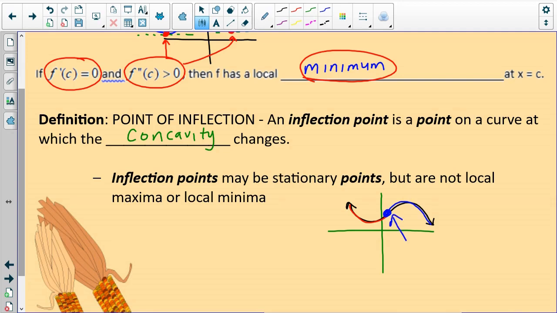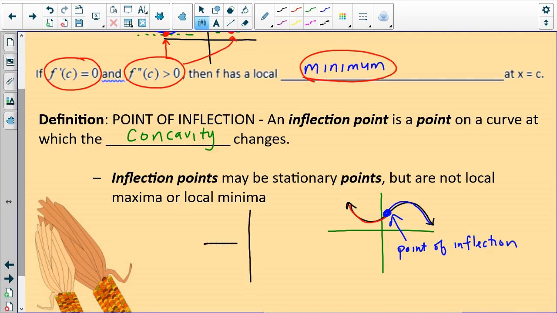That point is called a point of inflection. So any point where it changes from concave up to concave down or concave down to concave up, that's called a point of inflection.